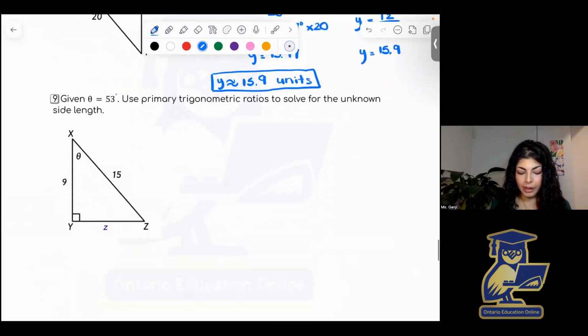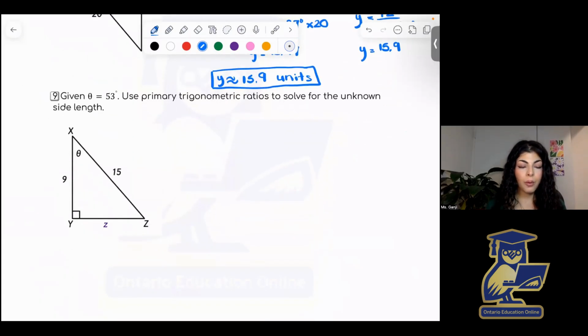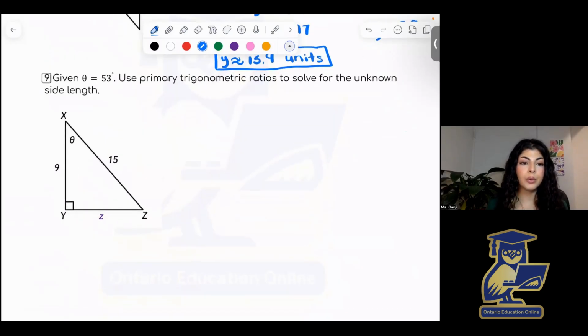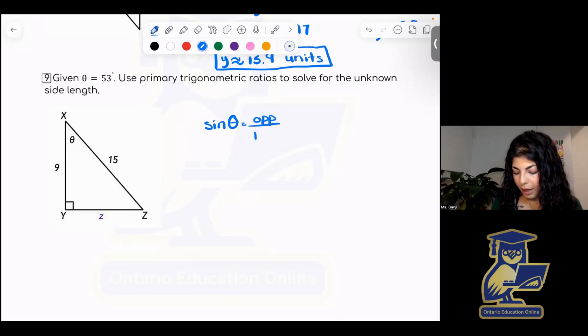Now, in this final example, again, we're solving for one of our unknown side lengths. Here you can choose which method to use. I'll maybe only show you one for this so you can double check with the other method. Here, side length Z is opposite to theta. So I will use sine of theta is equal to opposite over hypotenuse.